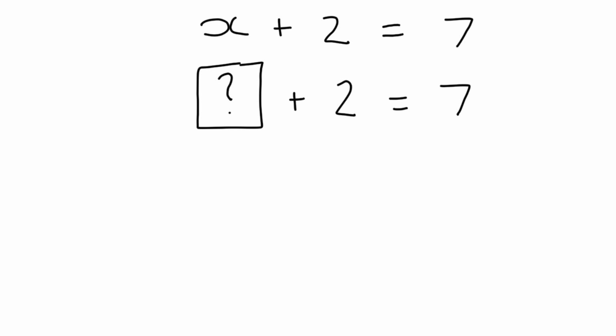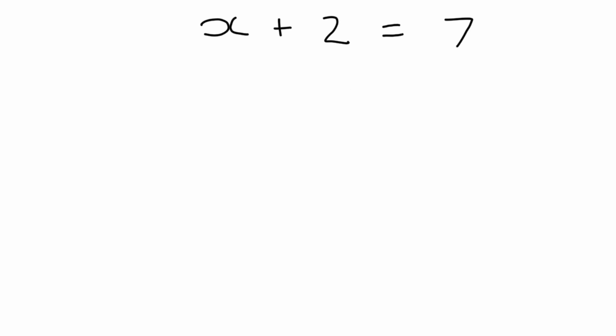And in this case, I can tell that it is 5 because 5 plus 2 is 7. Now, the only difference now is instead of using question marks, we like to use letters. So if you ever see an x, a y, an a, or a b, or any letter in the alphabet, that represents a number that we do not know, and we have to try and figure out what it is.